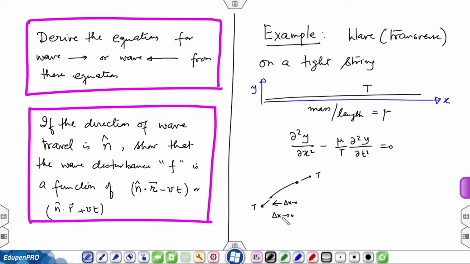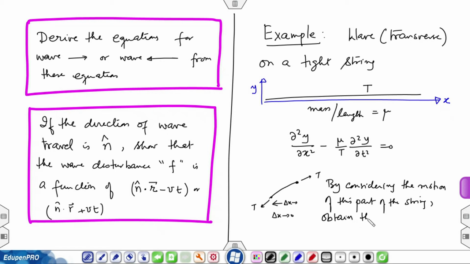By considering the motion of this part of the string, obtain the wave equation above. Assume dy/dx is much less than 1.